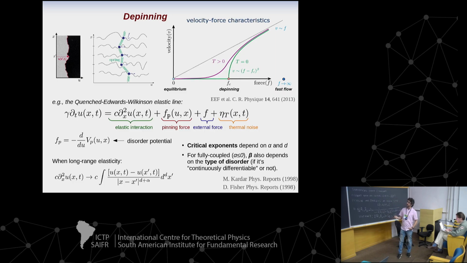When alpha is equal or smaller than 0, you say you are in the fully connected case already, okay? So it's so long range that it is like a fully connected network, okay? When things decay as 1 over r to the d or more slowly. And there are many exactly known results, okay? That I will use some of them.